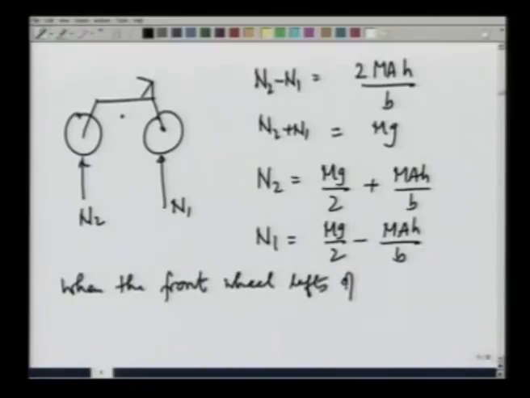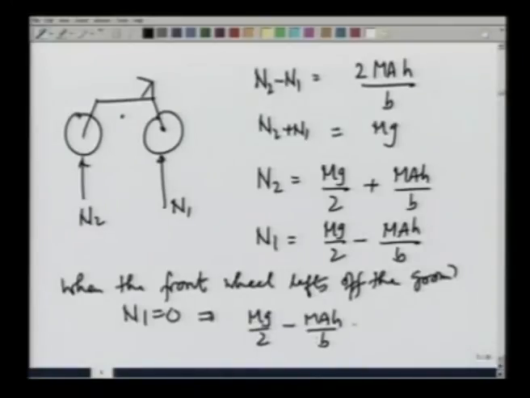When the front wheel lifts off the ground, N1 equals 0, and that gives you mg over 2 minus mah over b equals 0.